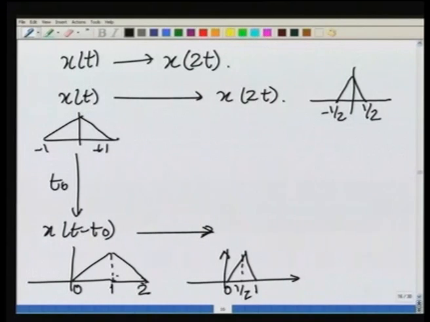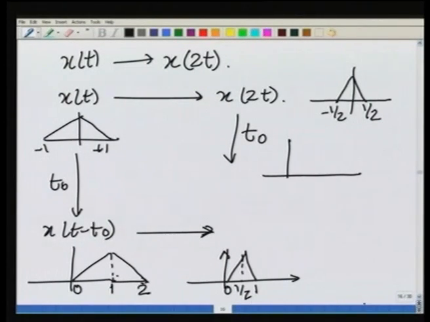On the other path, we have this signal already given to us, x of 2t, and we just have to apply a time shift of t naught equal to 1 to this output signal. When we did that, we would just get this. The support starts at minus half and ends at plus half.